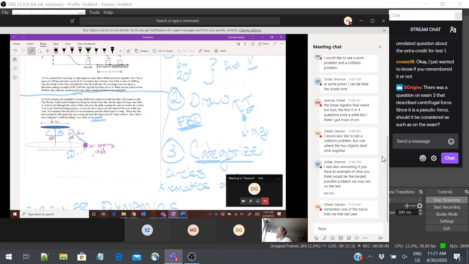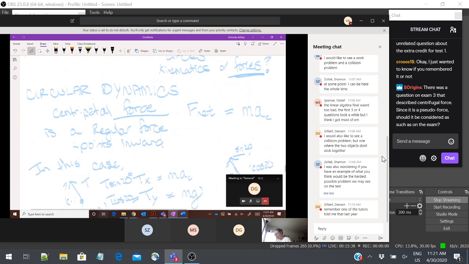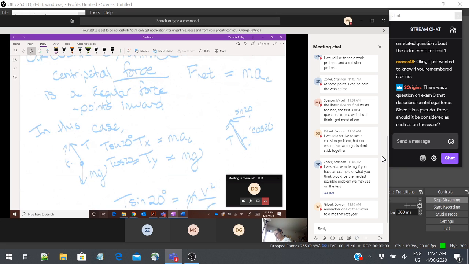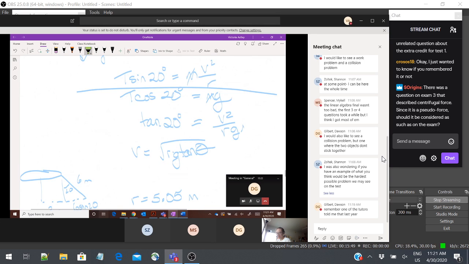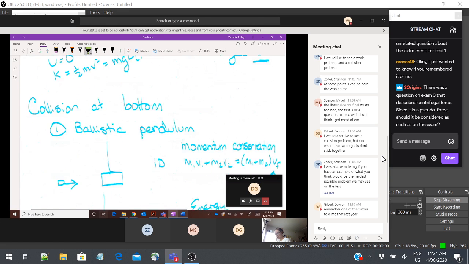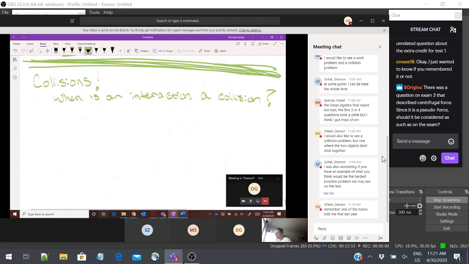There was no centrifugal force. There was no special centripetal force. Right, the x component of the tension was your centripetal force. But it wasn't its own separate thing.